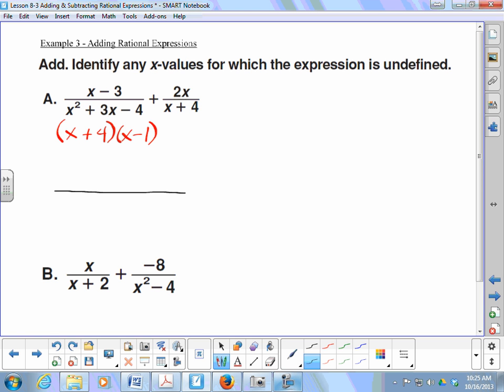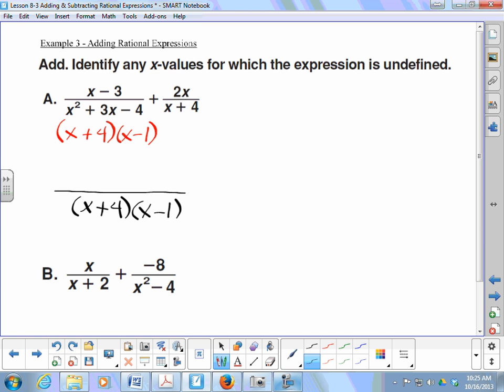How many different ones are there? There are 2. Okay, can you tell me what they are specifically? Okay, x plus 4 and x minus 1. Okay, so that's my common denominator. Okay, and the greatest power of each of them is 1, right? Okay, all right, we're good.